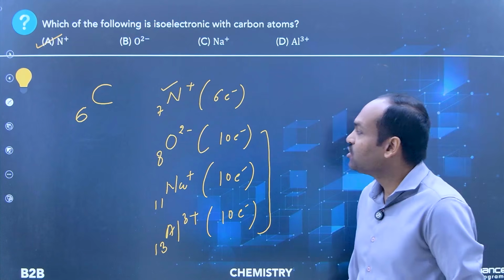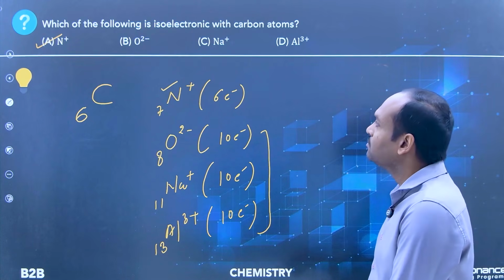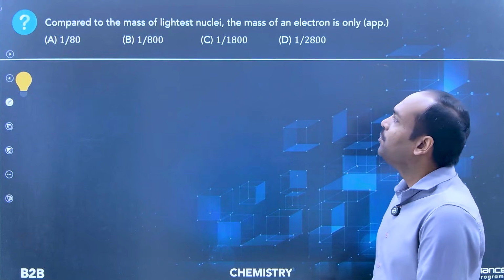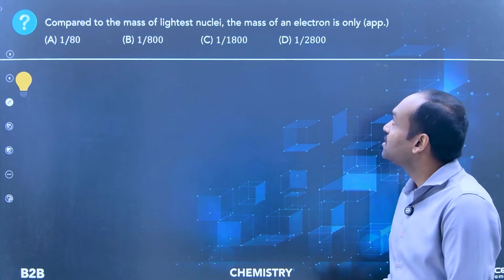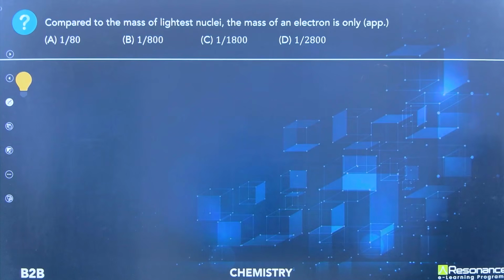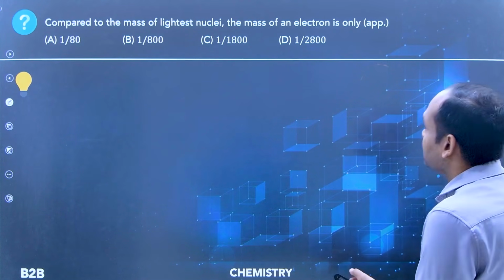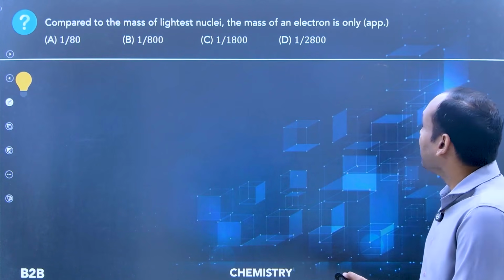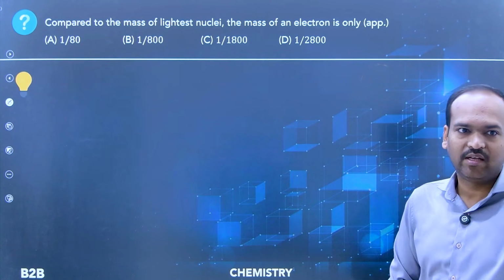Next, compared to the mass of the lightest nucleus, solve this question. Compared to the mass of the lightest nuclei, the mass of an electron is only approximately what?